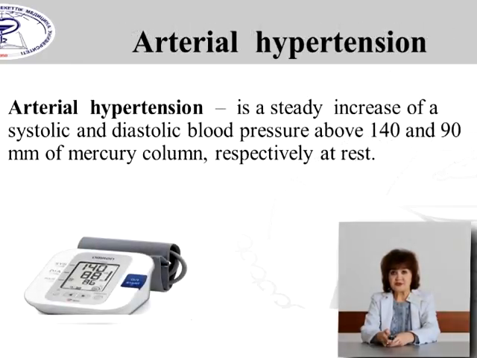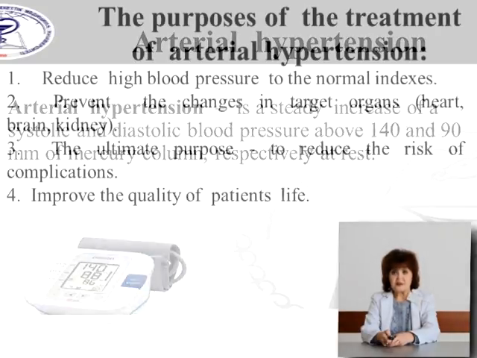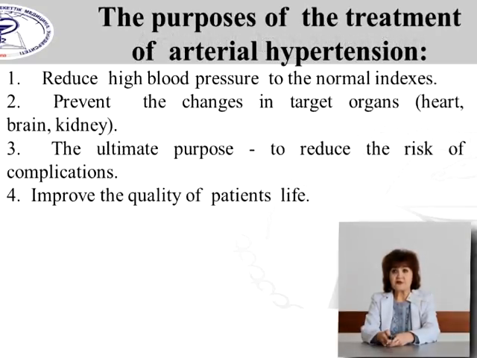Arterial hypertension is a steady increase of systolic and diastolic blood pressure above 140 and 90 millimeters of mercury column, respectively, at rest. The purposes of the treatment of arterial hypertension: at first, reduce high blood pressure to the normal indexes.